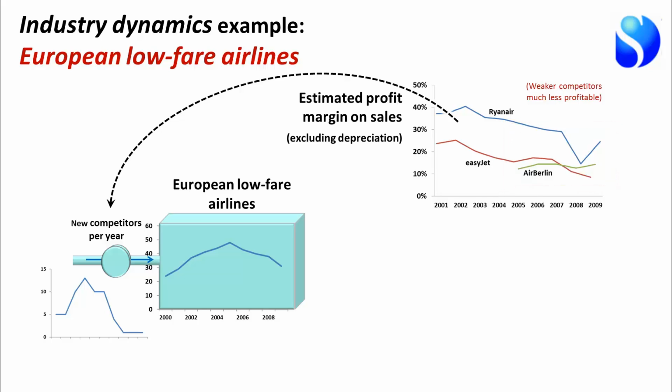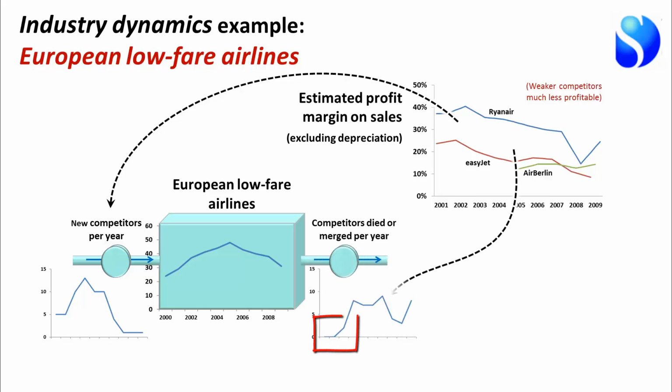And to complete the picture of the number of airlines, what we need to see is how many airlines actually exited this industry. And here it is. Nobody exited in 2001, 2002. 2 airlines failed in 2003. But then the failure rate really grew very strongly, with 7 or 8 or 9 airlines failing every year.